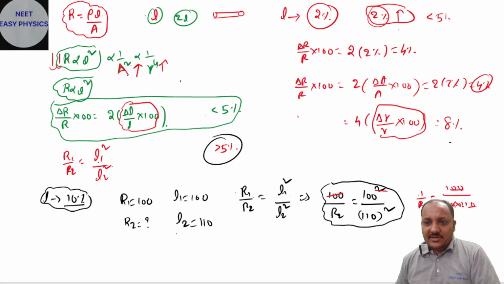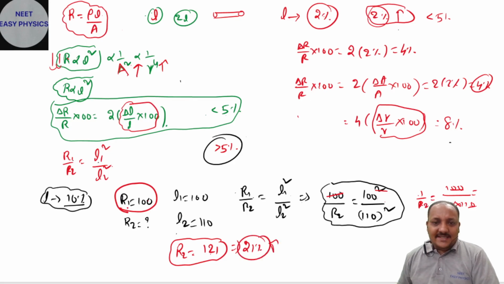So 2 zeros cancel, means 11 elevens are R2 value, 11 elevens are 121. Initially R1 we have taken as 100. Now how much increased? 21%. So resistance increases by 21% if length increases by 10%. Like this we have to solve the problem very easily.